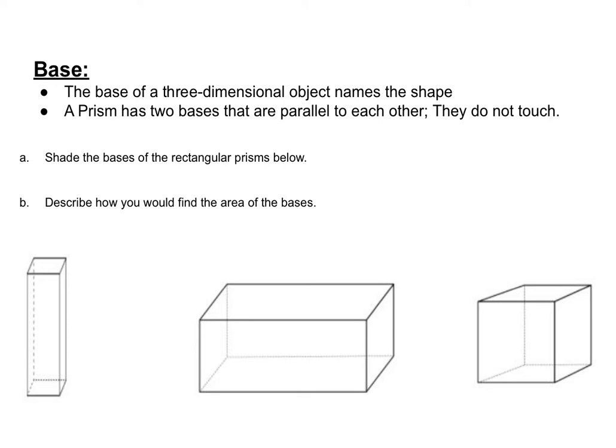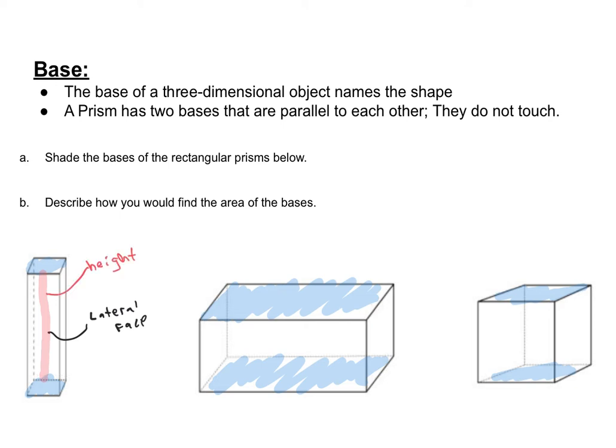Our bases are the rectangles on the top and the bottom. Those are our bases. And on this one, there we go. And if you want just a little more investigation, that's a lateral face. And this length between the 2 bases, that is our height.